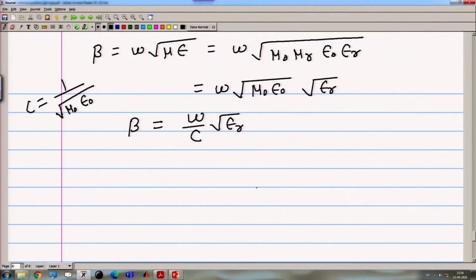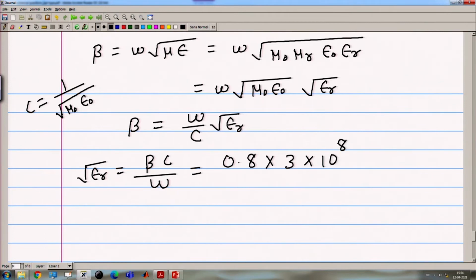So, from here we can write square root of epsilon r equal to beta c by omega. Beta, in the problem, is given 0.8, c is the velocity of light in the free space 3 into 10 to the power 8, divided with omega.